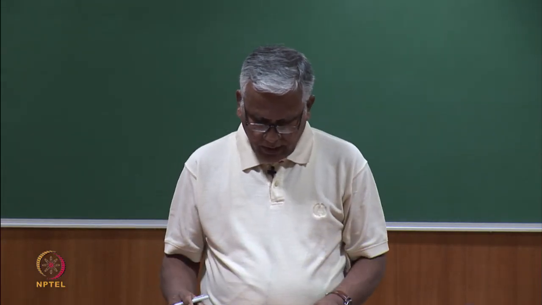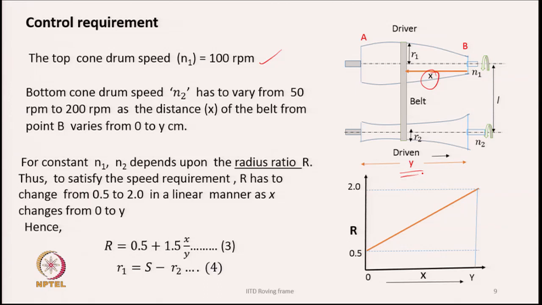So, for constant n1, n2 depends upon the radius ratio r, which we have shown earlier. To satisfy the speed requirement, the ratio has to change from 0.5 to 2, because the speed has to change from 50 to 200.